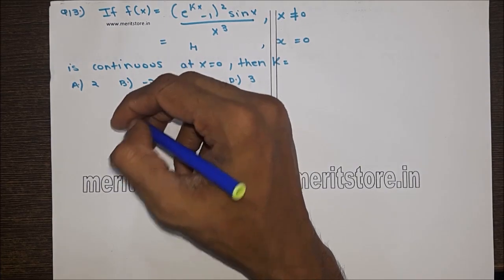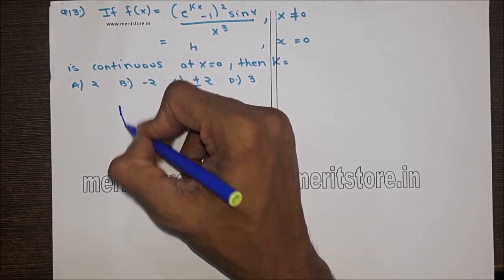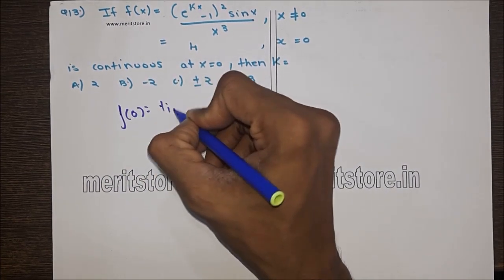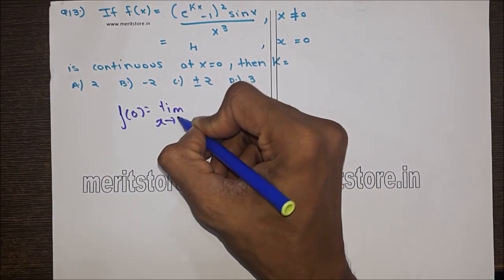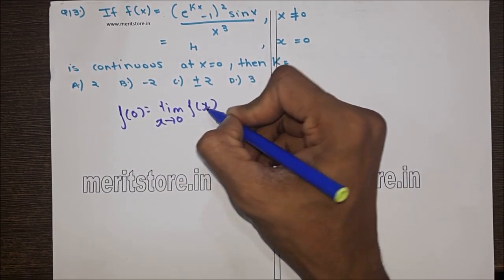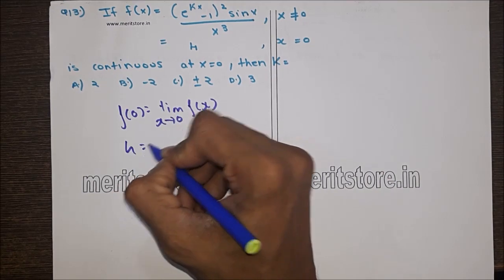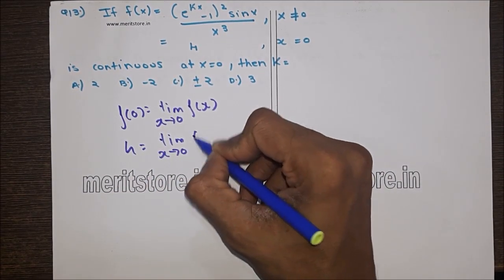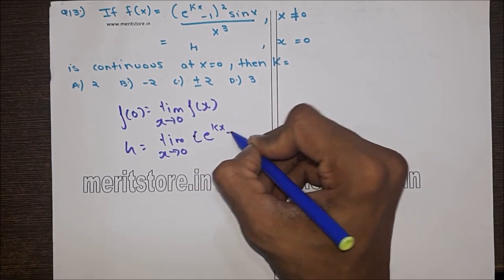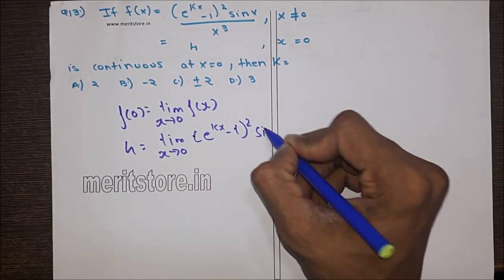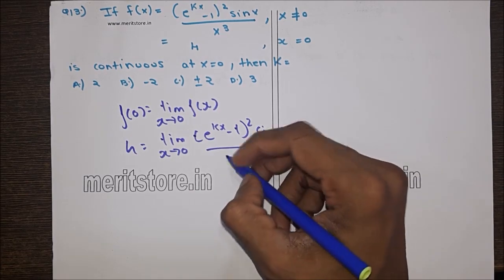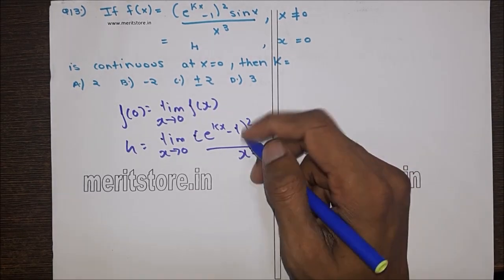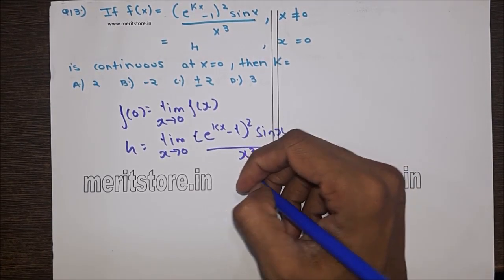The function is continuous, so we can write f of 0 equals the limit of f of x as x approaches 0, where f of 0 is 4. So 4 equals the limit as x approaches 0 of (e^(kx) minus 1) the whole squared times sin x upon x cubed.